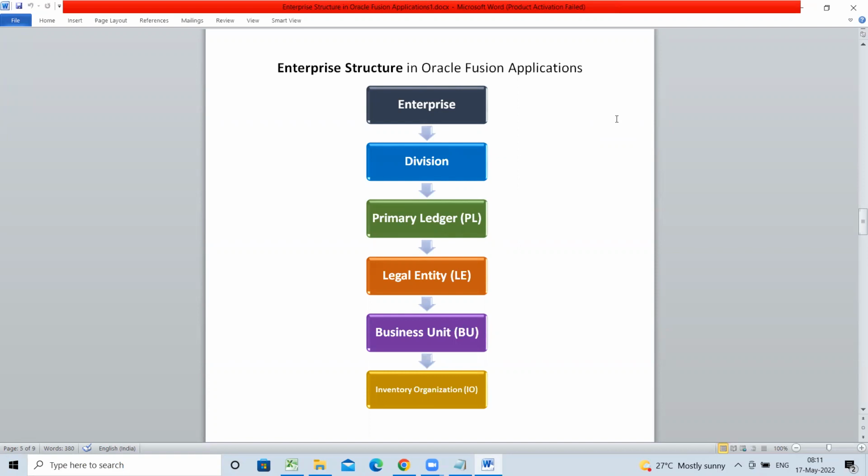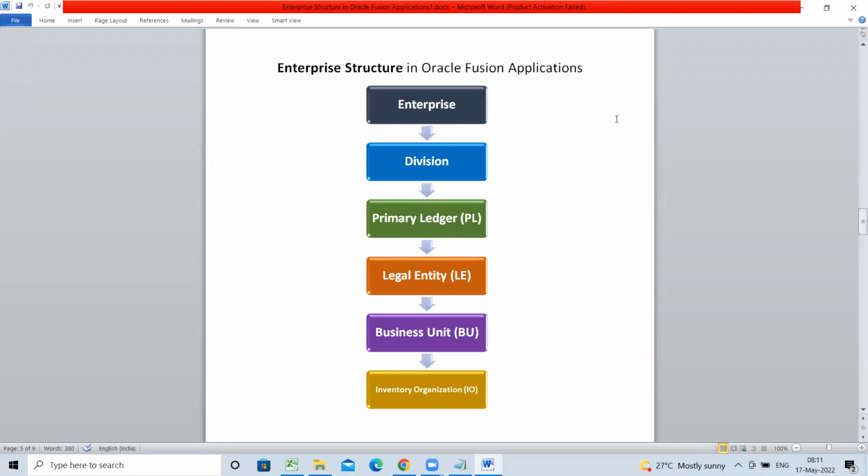Under division, you can see the primary ledger. To record the transactions in any application, a primary ledger is required. And legal entity: how many registrations to capture, to track each and every transaction belonging to which legal entity. The legal entity is required in the system environment. The real business transactions can be recorded by using the business unit concept only.